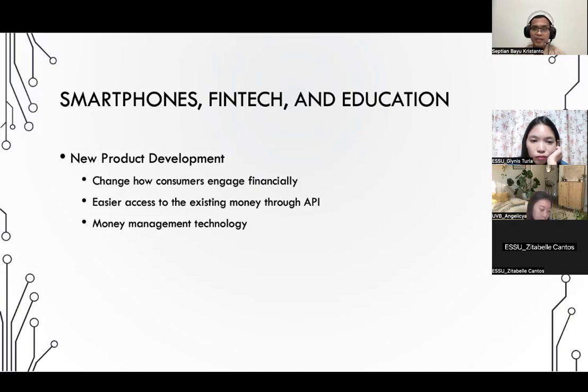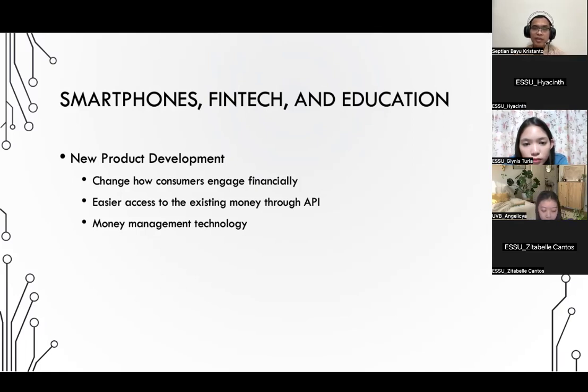But now we have the new product development using money management technology. It's similar to when you download or install an application, and then you can do lots of financial services, including creating your personal budgets, or maybe family budgets, or business budgets. You can manage your money using the technology.